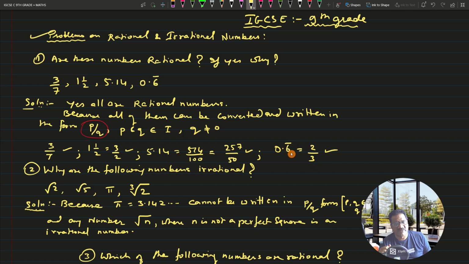I have dedicated one video on how to convert a recurring number into a fraction. So 0.6 bar you can easily convert into a fraction. It will be 2 by 3, and 2 by 3 is satisfying this particular rule, that is p upon q, p and q belong to integers and q not equal to 0. Is that clear? So even this is a rational number, right?